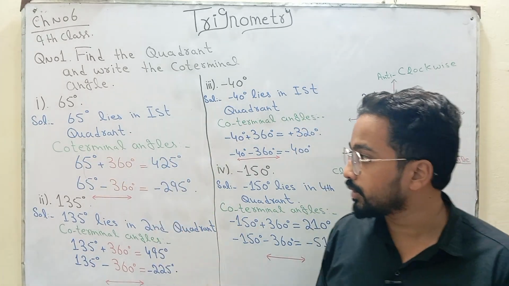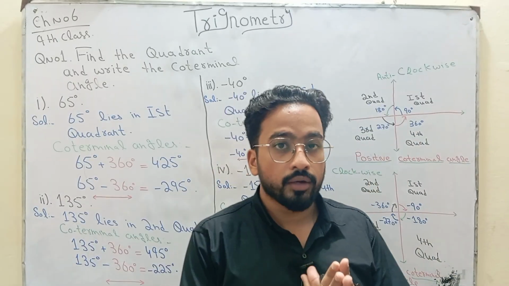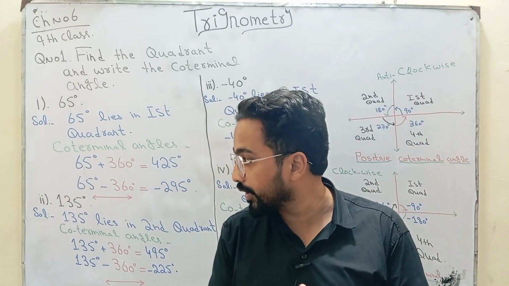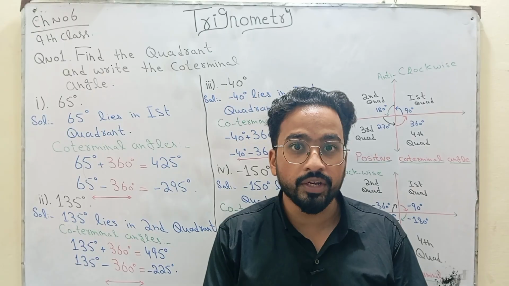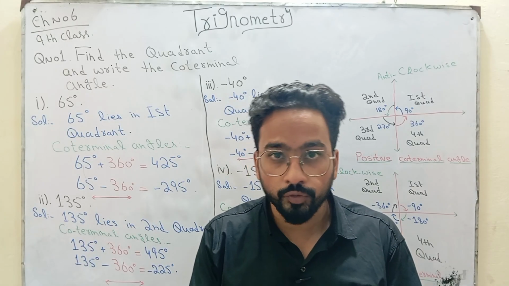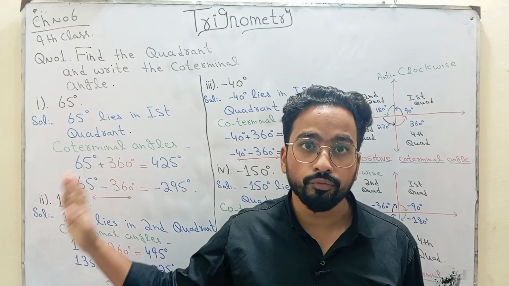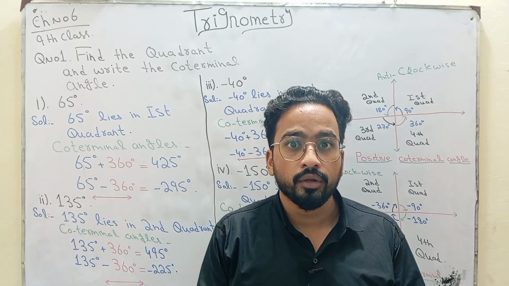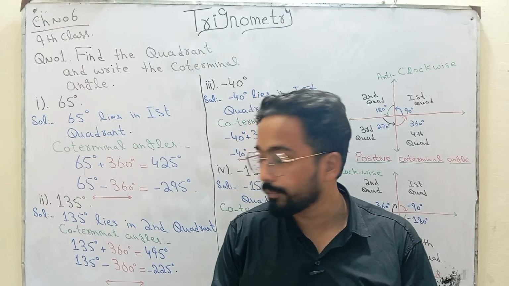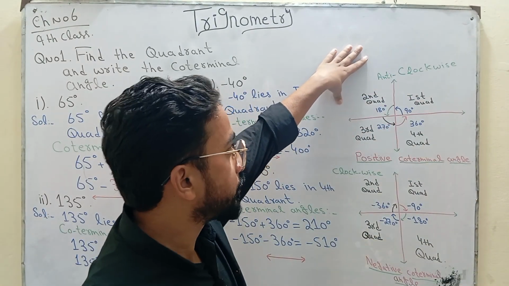Let's see the next part, number 2, 135 degrees. First of all, judge where 135 degrees lies. It is between 90 and 180, and there is no sign with it, no positive, no negative. That means its sign is positive. Let's see it in positive coterminal angles.